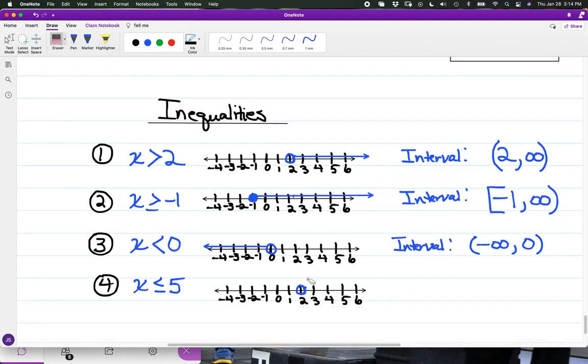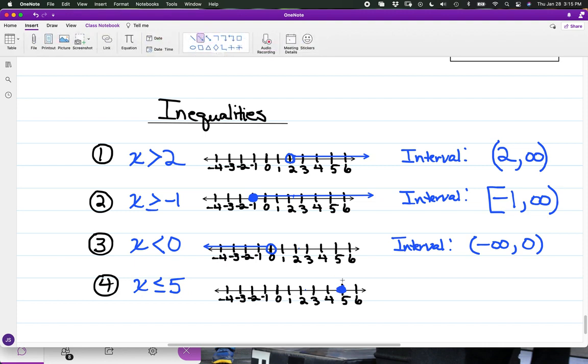The equal sign indicates that 5 is going to be included, so 5 is going to be a closed point, and for the less than portion, again, we're going to have a ray going continuously out to the left.